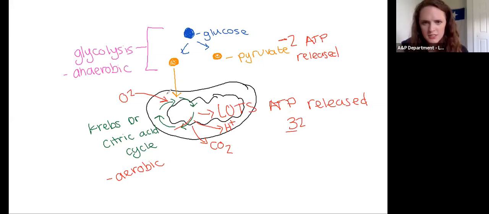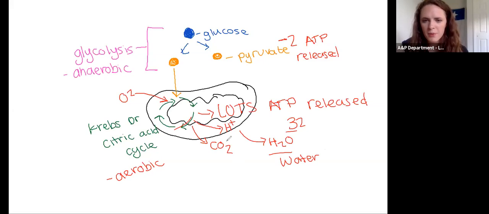This oxygen is actually going to combine with the hydrogens here, and you're going to form H2O, also known as water. Okay, so there's lots of things that happen in this Krebs cycle. You just need to know that oxygen is required. The pyruvate is what goes through the citric acid cycle. Most of your energy is going to be made here.